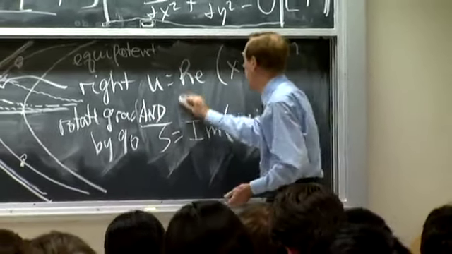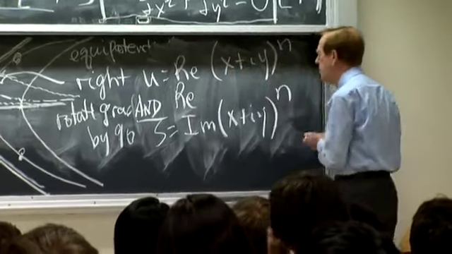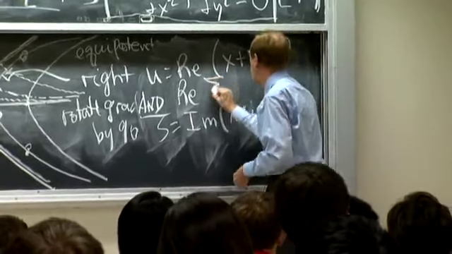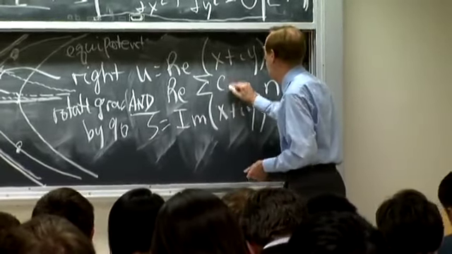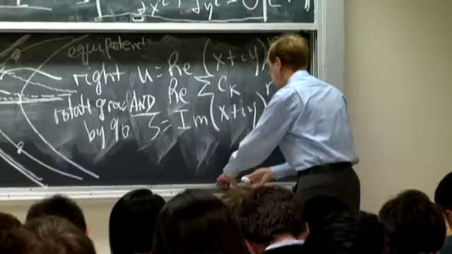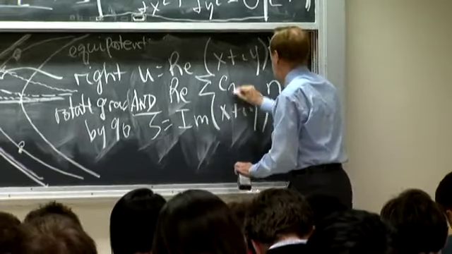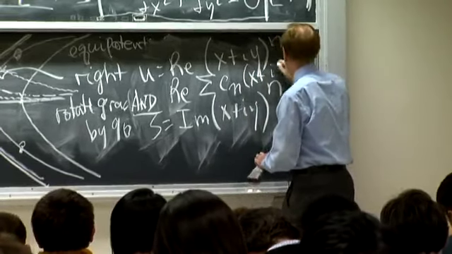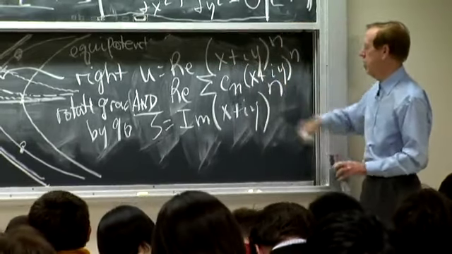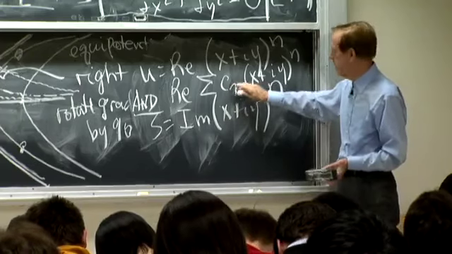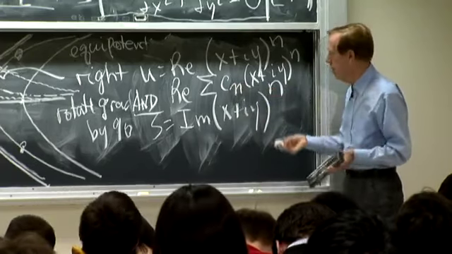The real part of any combination of these. So I could take coefficients cn times x plus iy to the nth. If I take a combination of solutions with coefficients cn, I still have solutions.